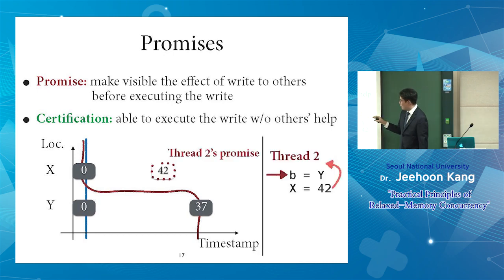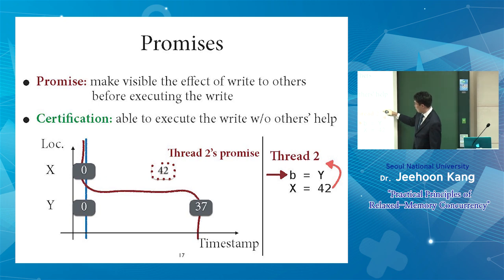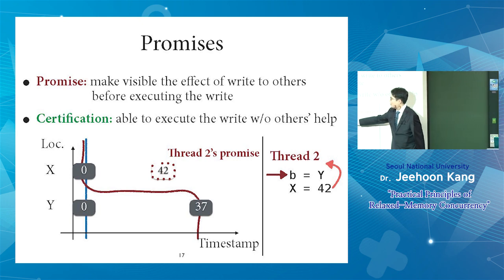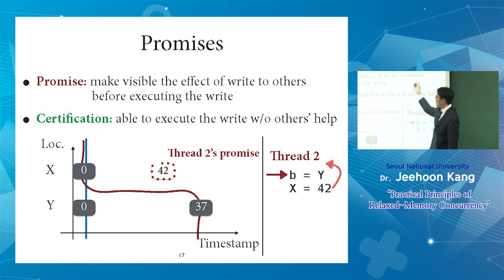So let's say that thread 1 wants to execute this store instruction in an out-of-order fashion. Then it promises to write 42 to x here. This is basically making the effect of the write visible to the others by writing a message to the memory. But still, the instruction is not yet executed.